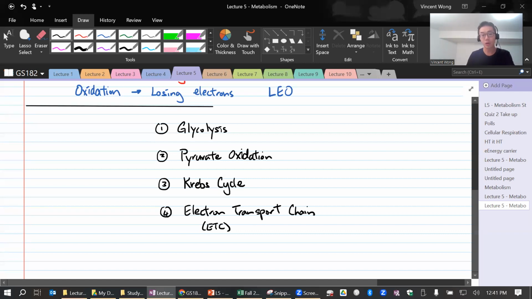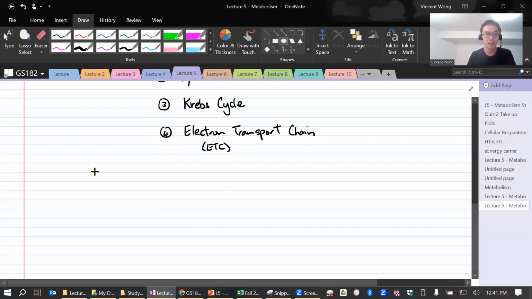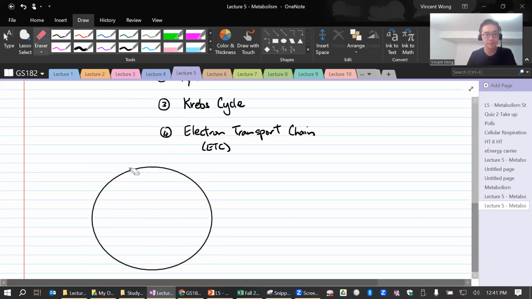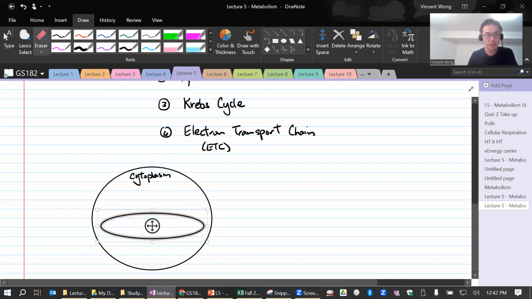All right, let's draw a cell here. Just a tiny one. Okay, that's our cell. This is, of course, the cytoplasm. And what is this thing that I'm drawing? You should know. It's going to be on your quiz today. What's this thing? Anybody know what that is?